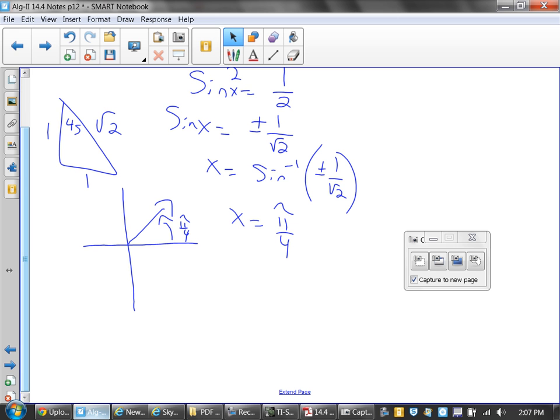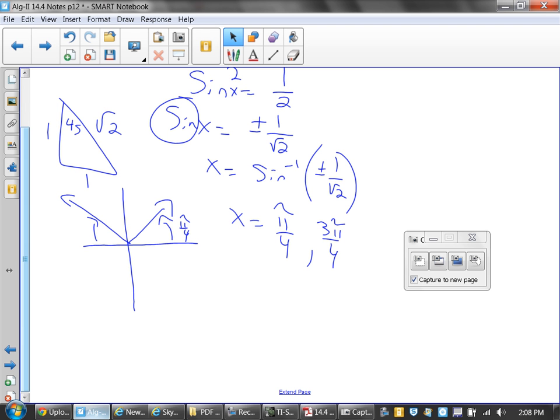And I'm looking at plus minus. I'm dealing with sine. What other quadrant is sine positive in? Second quadrant. So the value in the second quadrant that has the reference angle of pi over 4 is what? 3 pi over 4. Good. So we have x is pi over 4, 3 pi over 4.